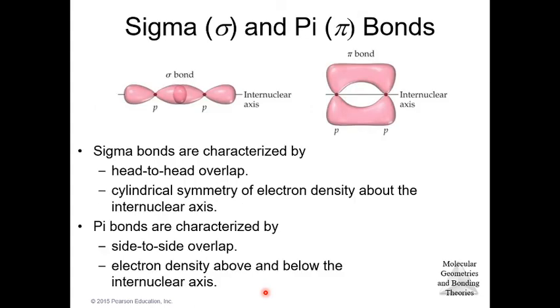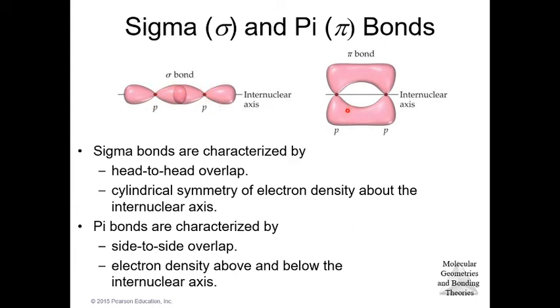So here's my example of a sigma bond with head-on overlap. Here's my overlap right here. These guys are pointing directly at each other. This is a sigma bond. All single bonds are sigma bonds. The electron density is between the nuclei.